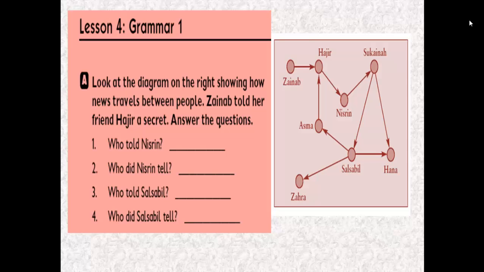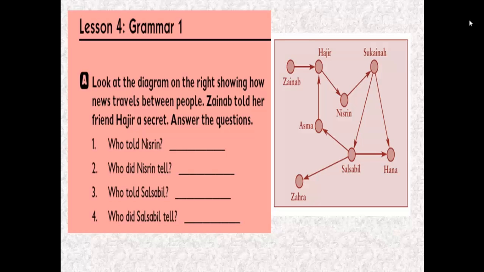Yes, number 3. If we look at the diagram, we can guess the answer. Who told Salsabil? Yes, Sukaina. Sukaina told Salsabil this secret. And finally, who did Salsabil tell? Here in this question, we are asking about the object, not the subject.